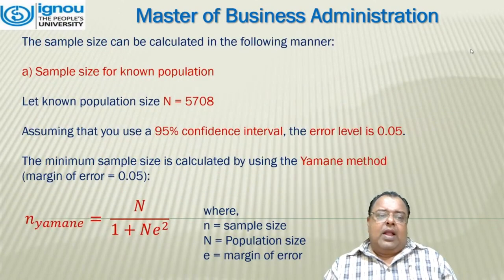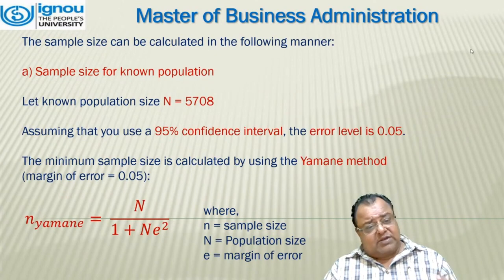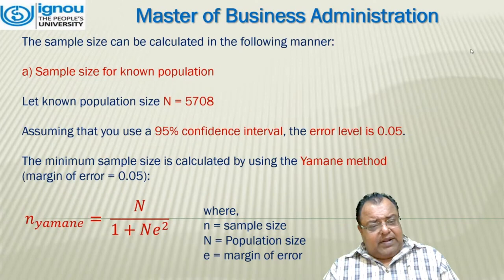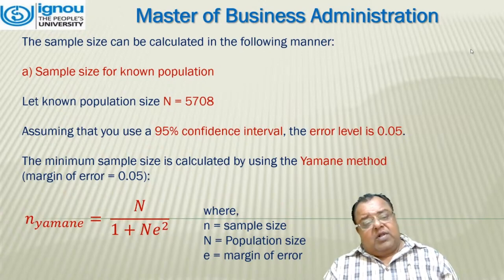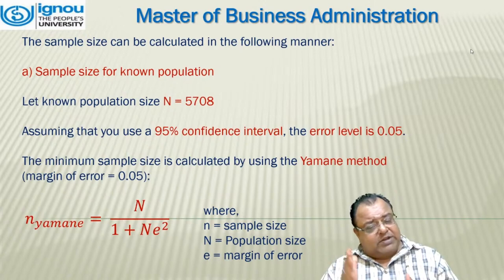Now, the sample size can be calculated in the following manner. Suppose we have here the sample size for a known population. Population size, suppose we take, is 5,708. Assuming that it works at a 95% confidence level and the error level is 0.05. Now, the minimum sample size is calculated by using the Yamane method, where the margin of error is 0.05.